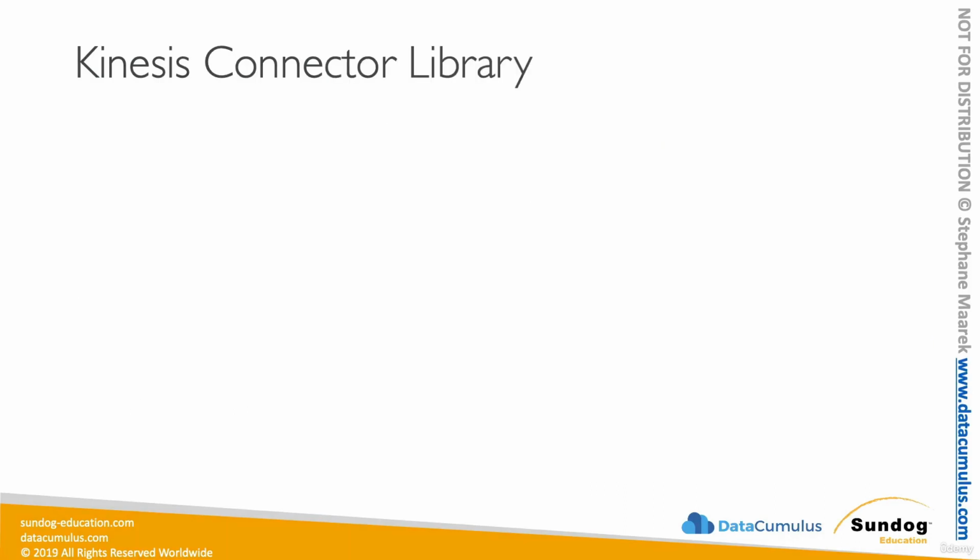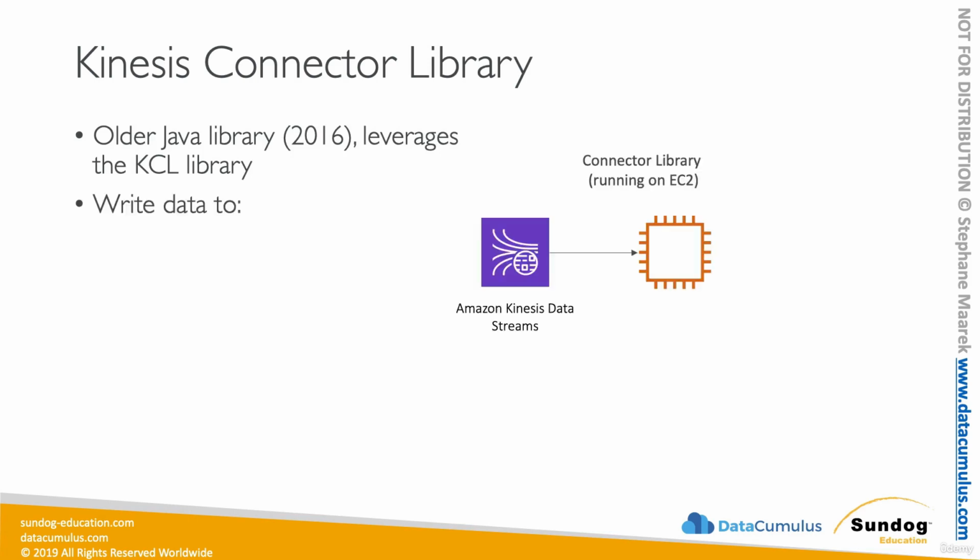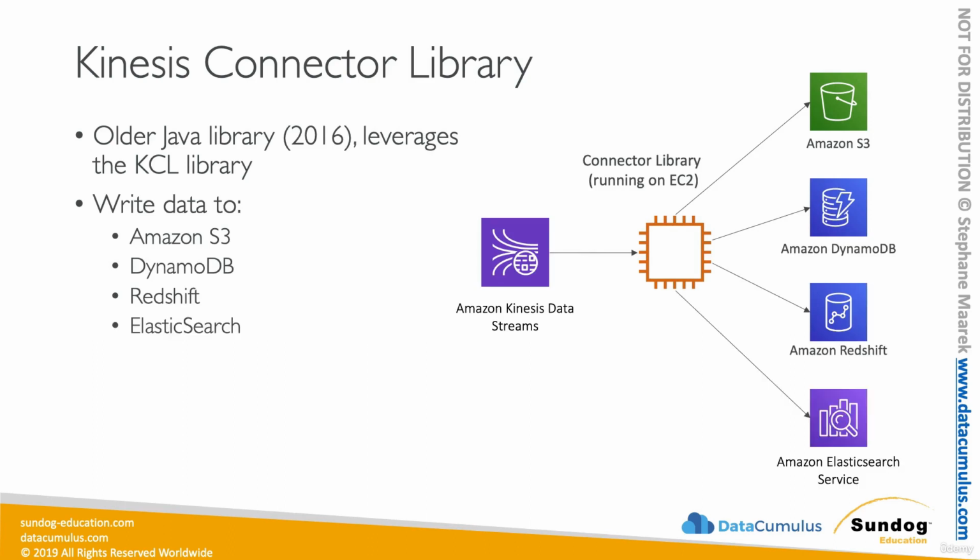There's also the utterly confusing connector library, also known as KCL, but Kinesis Connector Library, and it's an older Java library from 2016, and it leverages the KCL library under the hood, and it's used to write data to Amazon S3, DynamoDB, Redshift, or Elasticsearch. And the connector library must be running on an EC2 instance, for example, for it to happen. So it's an application whose sole purpose is to take data from Kinesis data streams and send it to all these destinations.